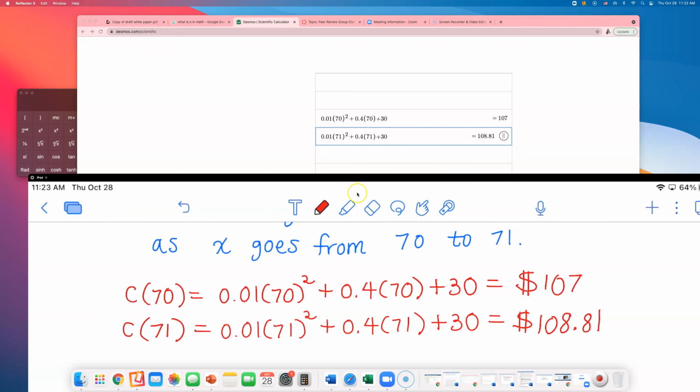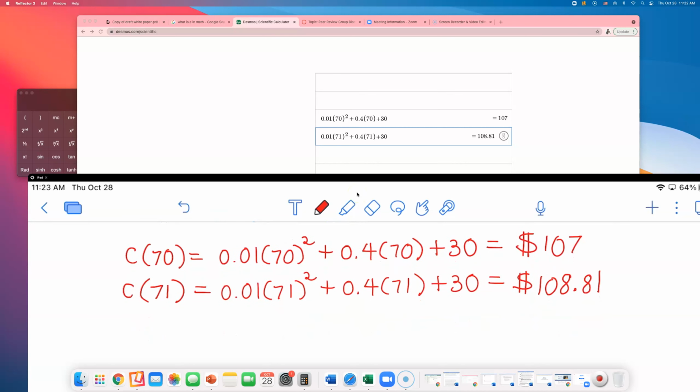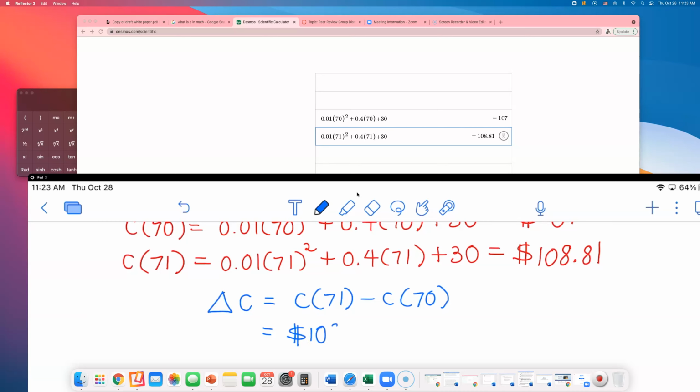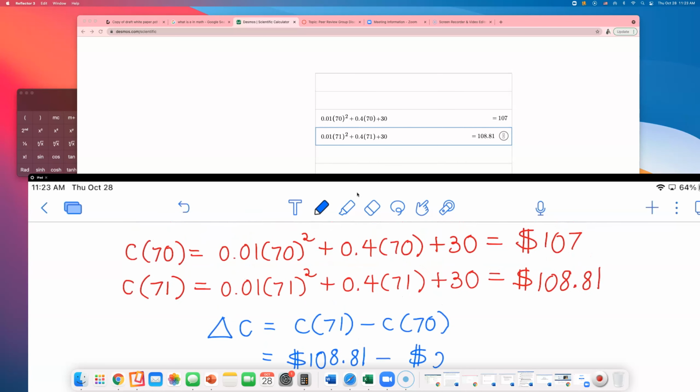What is the change in cost? Okay, the change in cost, delta C, is C of 71 minus C of 70, which is, we're going to subtract 108.81 minus $107.